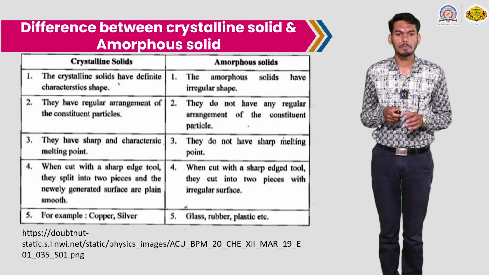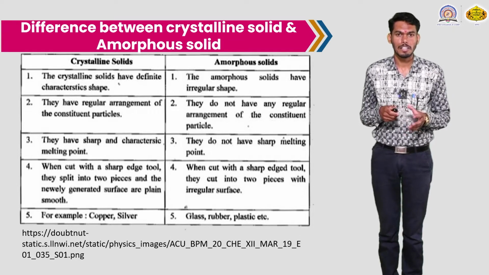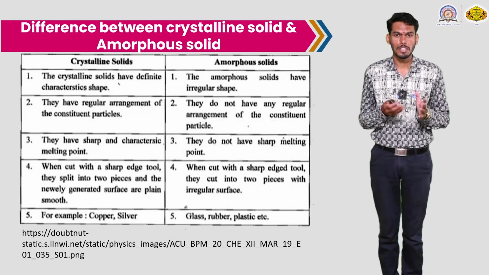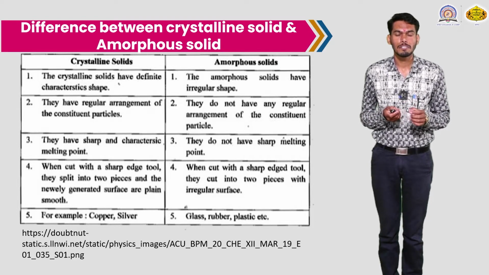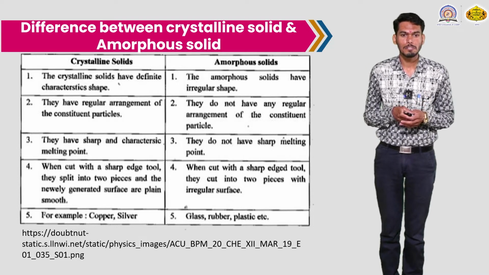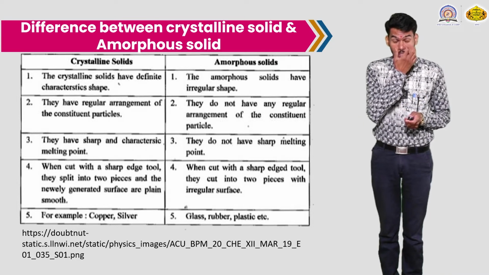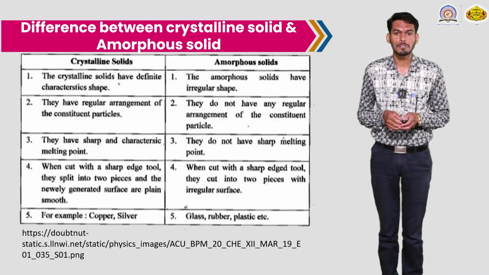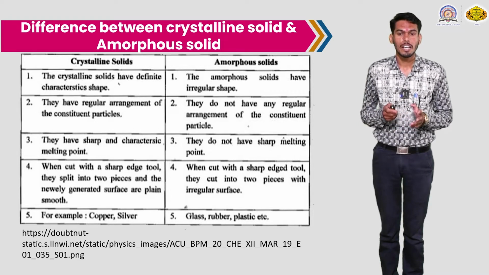Examples of crystalline solids are copper, silver and other metals. Among compounds, sugar and NaCl are good examples of crystalline solids. Examples of amorphous solids are rubber, glass, plastic, etc.